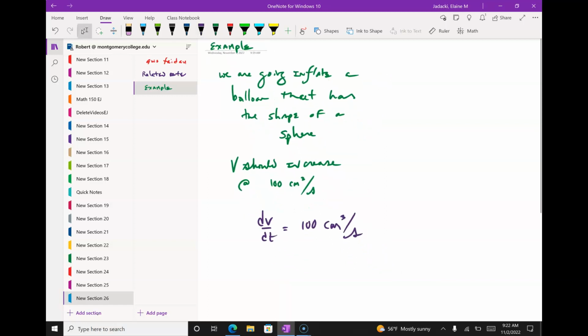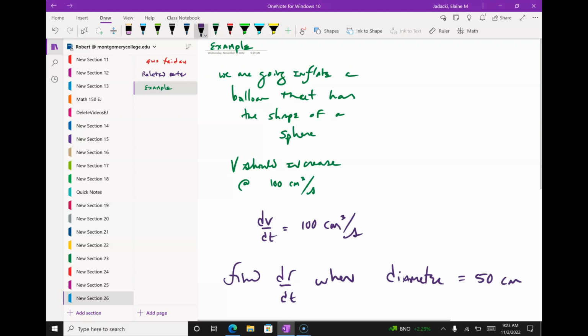So we want to find how fast the radius is changing when the diameter is 50 centimeters. Find dr/dt when the diameter is 50 centimeters. So I'm saying this thing is changing, right?